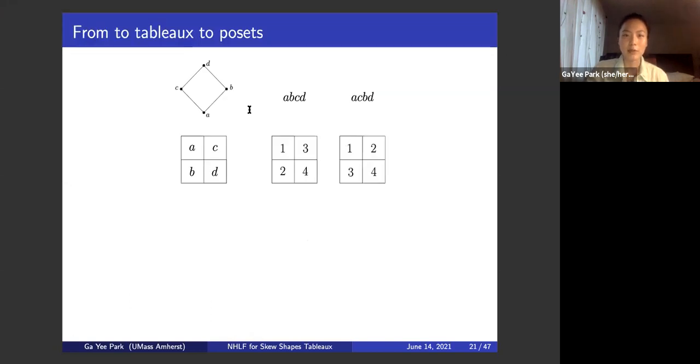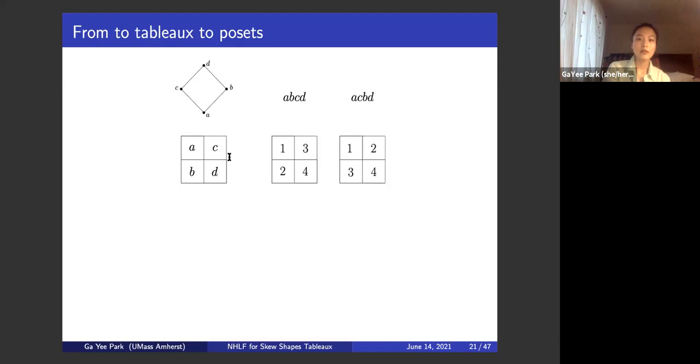So why am I talking about posets all of a sudden? Take this poset A, B, C, D, and rotate it 90 degrees to the right, then I have a Young diagram again. And take these linear extensions, A, B, C, D, and A, C, B, D, and take each of the positions of A, B, C, D, and then insert it into these boxes, then I have again the standard Young tableau.